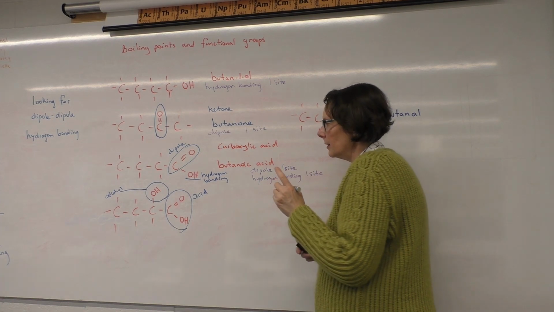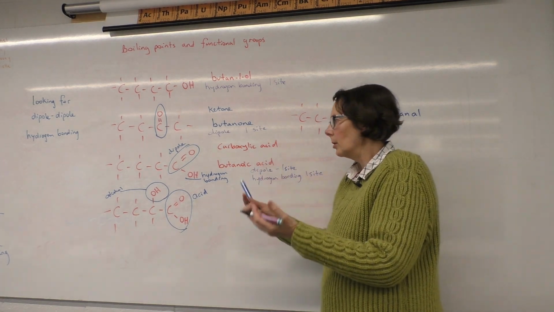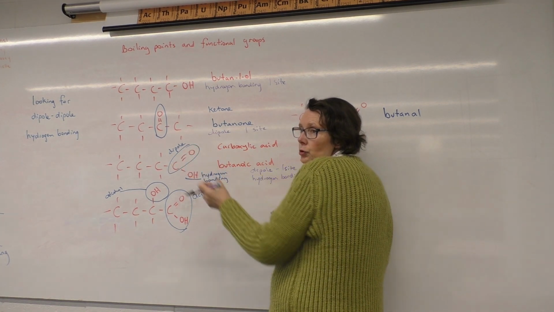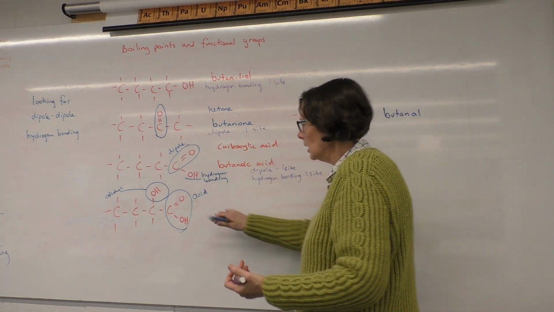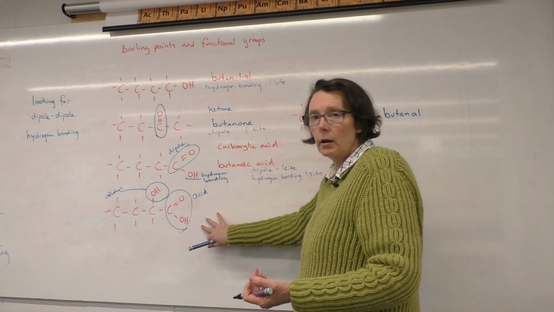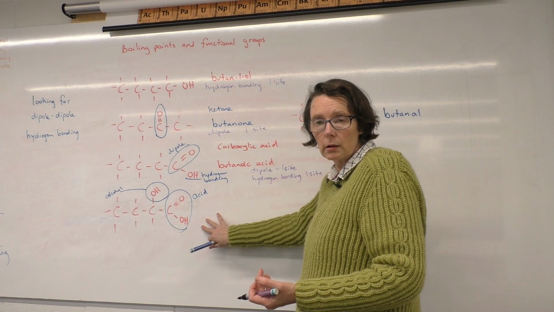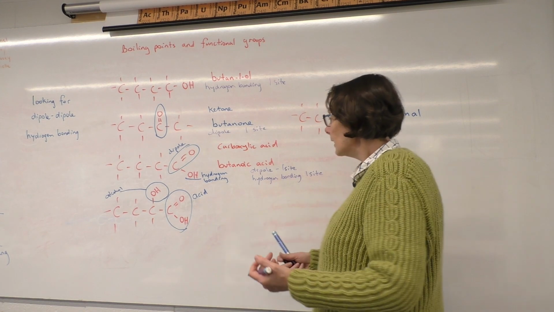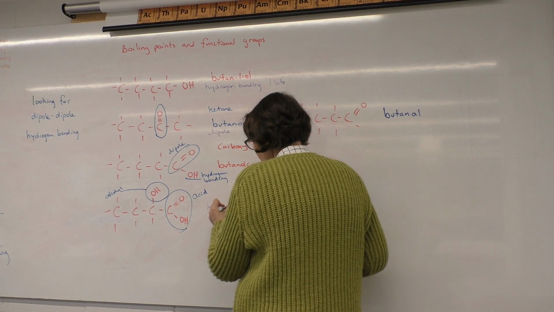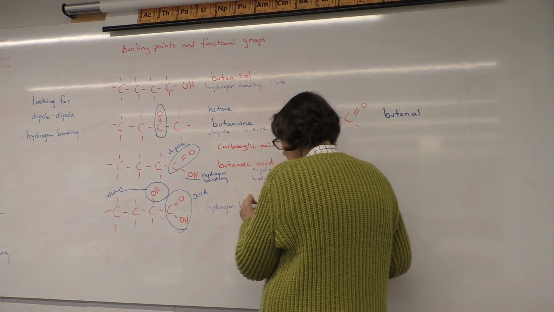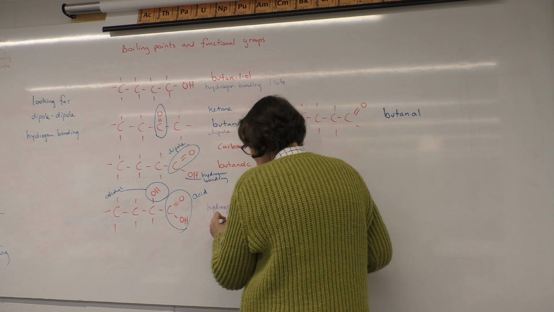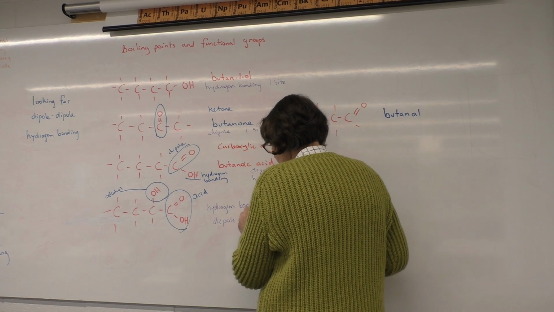Now just remember that this is not the dipole-dipole bonding yet, because I've just identified the dipole, I haven't drawn the bonds between molecules. What about on this one here? What have we got? Yeah, so this time we've got hydrogen bonding, 2 sites, and dipole, 1 site.